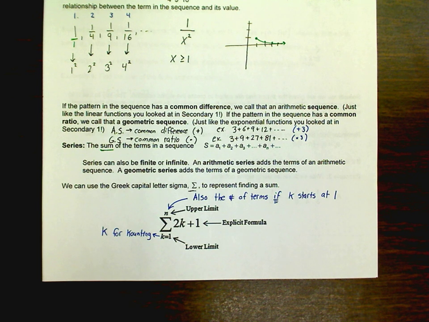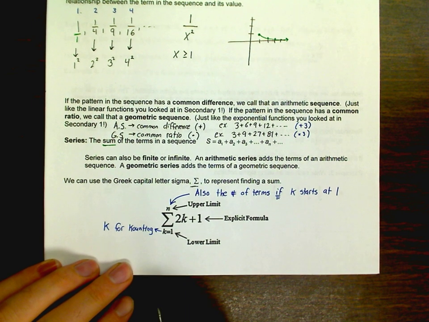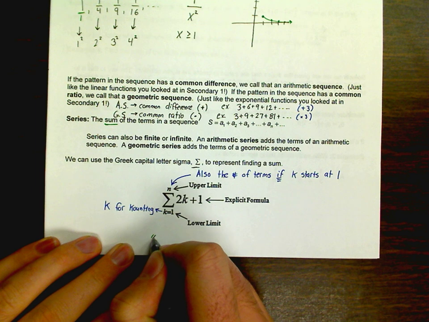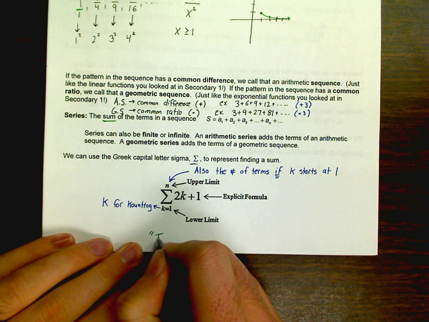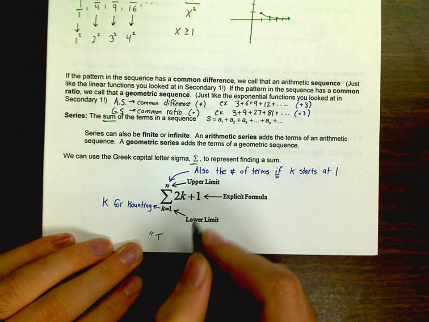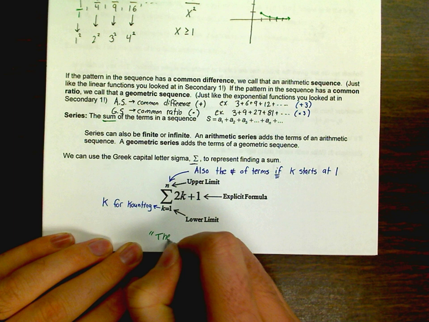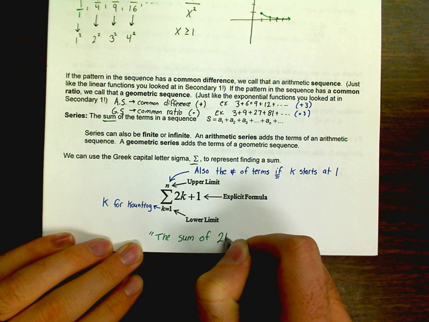I want to tell you how we say this so we can sound intelligent when we talk about them. If I wanted to describe this, I would say that this is the sum from k equals 1 to n of 2k plus 1.